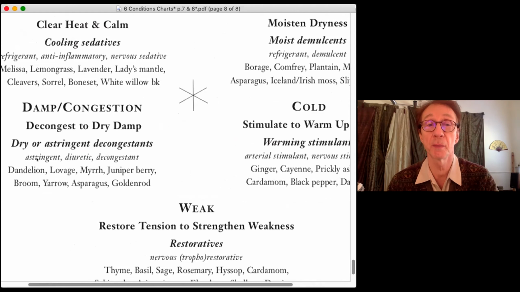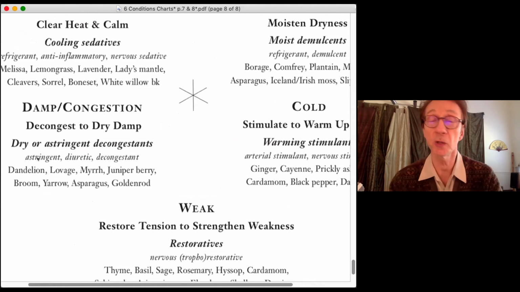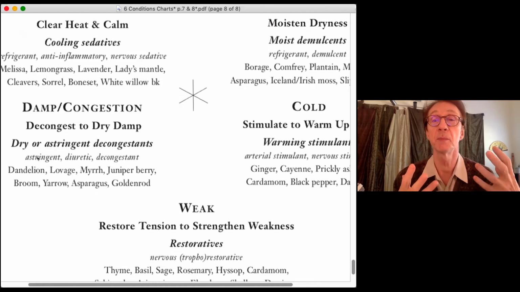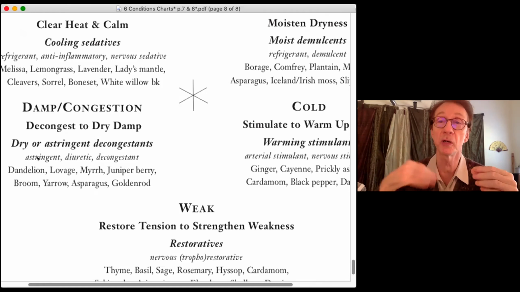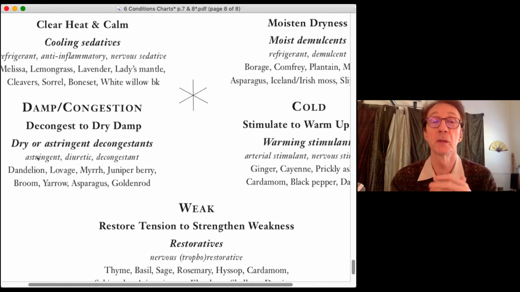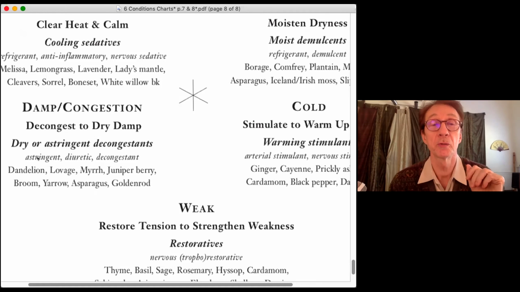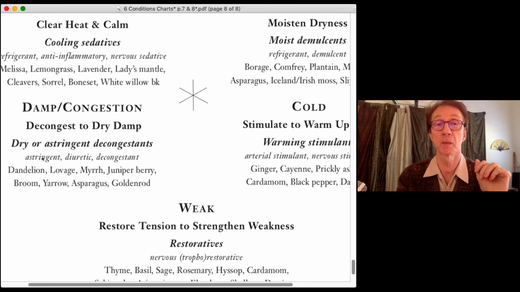Many of these are astringents, but not all, okay? Astringent means to tighten the tissues. We tighten the tissues in order to move the fluids on, right? To circulate, we astringe to keep the fluids circulating within their channels, right?